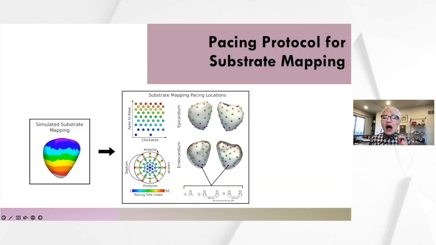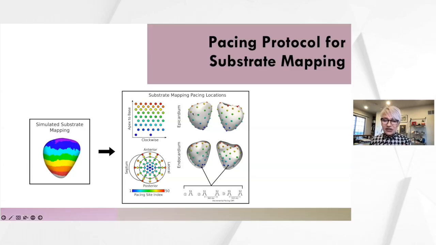Specifically, we paced from 100 different locations. The rationale is that it's an assessment that cannot be done in the clinic. We have 50 pacing sites on the epicardium and 50 on the endocardium, and we were able to explore directionality of the wavefronts as well as location of the pacing site with respect to the infarct.